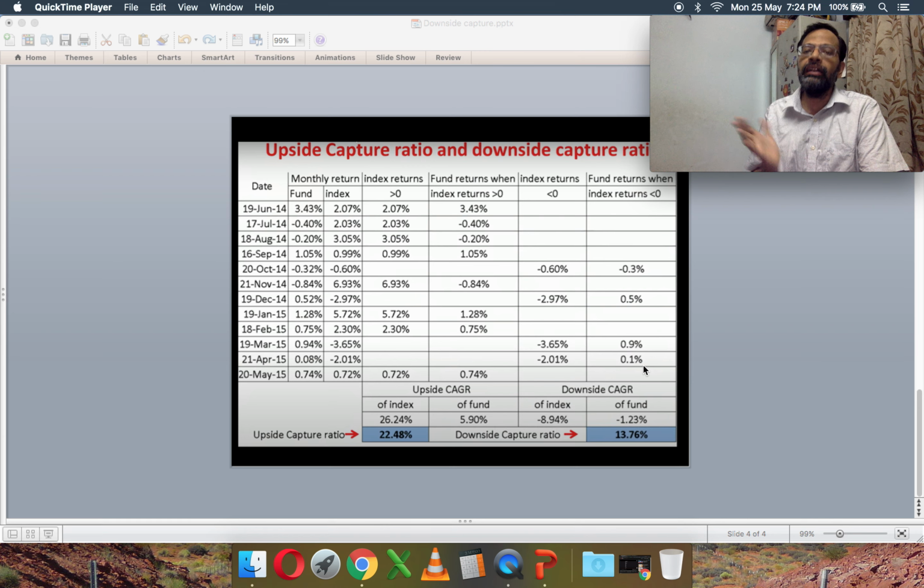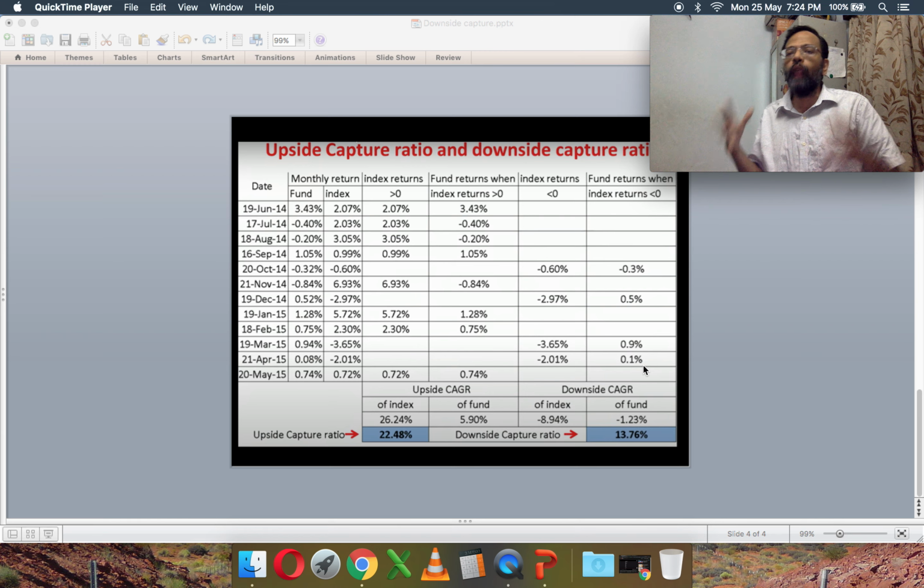So you want the downside capture to be less than 100%. Anything less than 100% means that the fund has managed to capture less than the full benchmark losses, and upside capture should ideally be greater than 100%. That means the fund has gained more than the benchmark gains. But you won't get both of them.